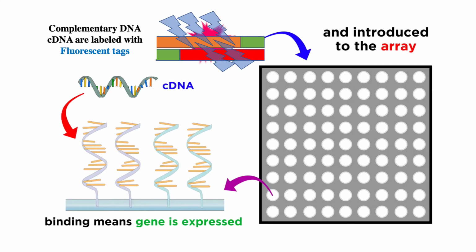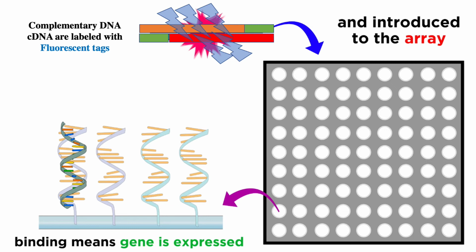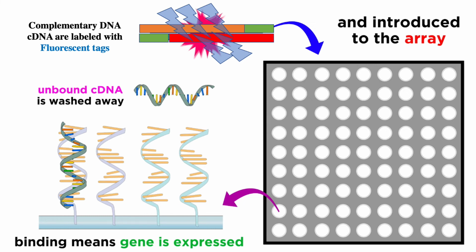So one of the two strands of some cDNA molecule made from an mRNA should bind to the DNA fragment in the particular well that can produce the mRNA in the first place, since they will be highly complementary. Once time is given for hybridization to take place, any cDNAs that exhibit little to no binding are washed away.